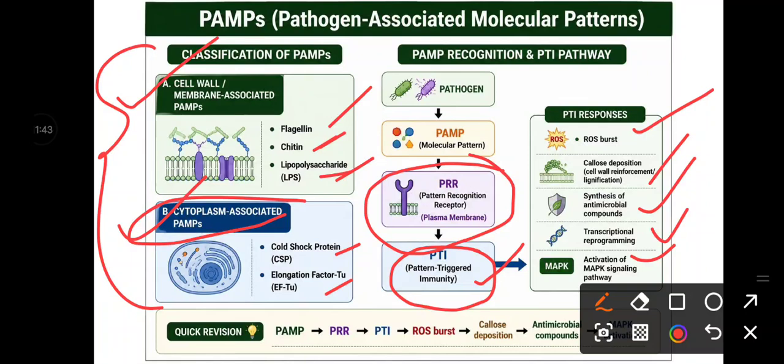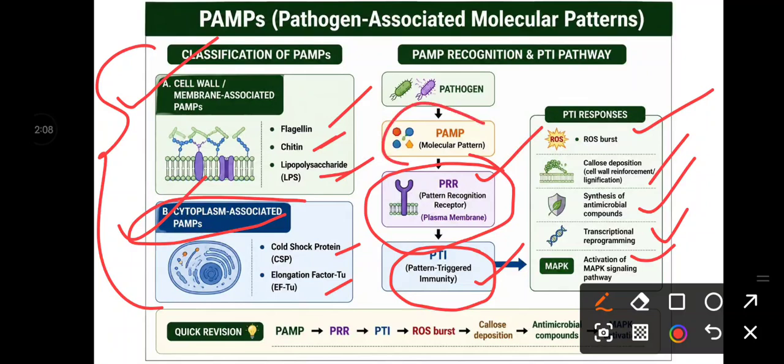We will discuss the signaling pathways that regulate the defense mechanism of the plant in a separate video. And about PTI and PRR also I will make a separate video. In the next video we will discuss PRR. What is PRR? The pattern recognition receptor, where it is present, what are the types of PRR present in the plant.